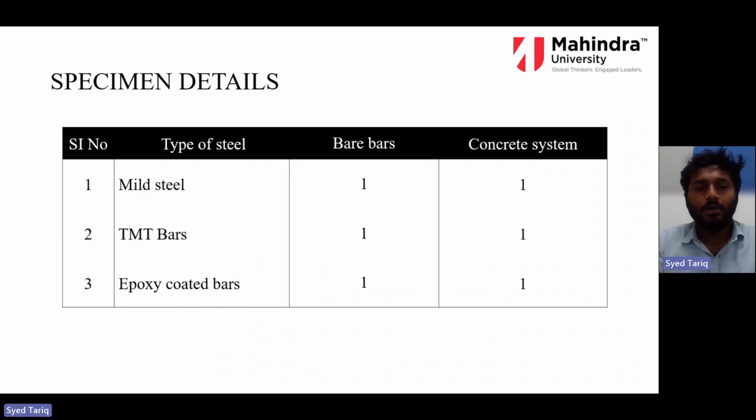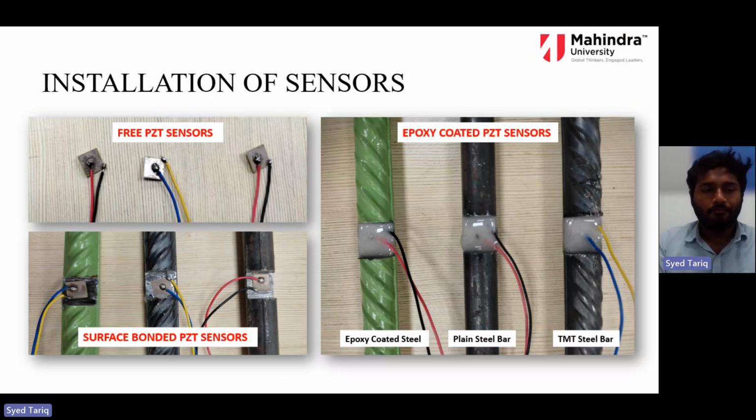So these are the specimens I have adapted for bare rebar accelerated corrosion: one each for the mild plain bar, the TMT bar and the epoxy coated bar, and one for each concrete system. What you are seeing are the three PZT sensors surface mounted on the rebars.